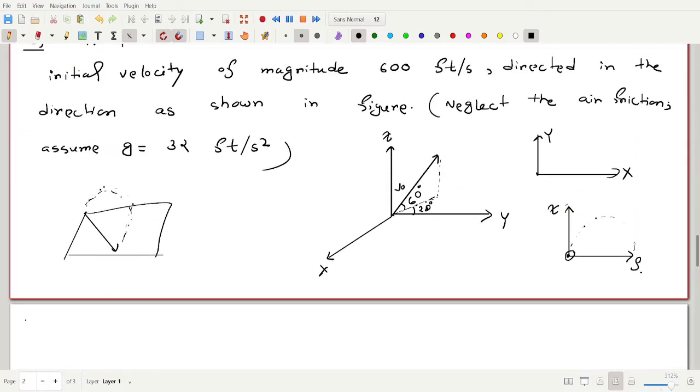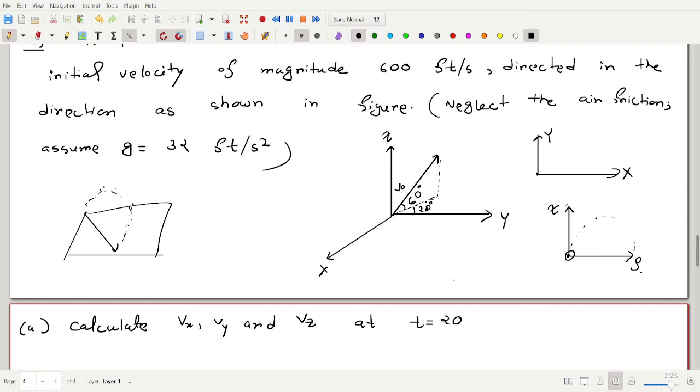So number 1, calculate Vx, Vy and Vz at t equals 20 seconds. Let's say when it was thrown, it was t equals 0 seconds.